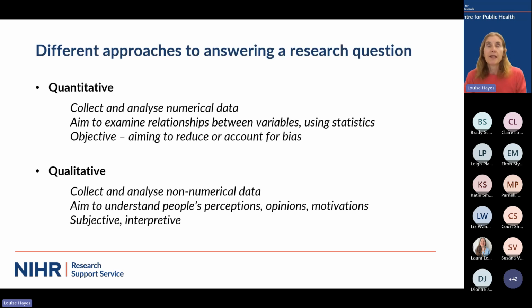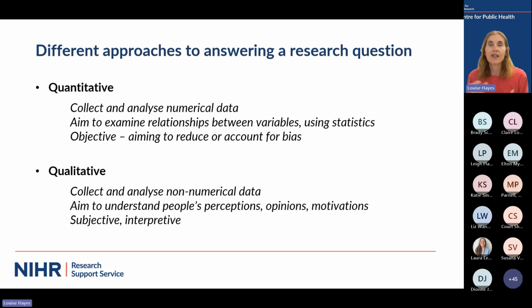Basically what we're talking about are different approaches you can take to answering a research question, and the broad way that we categorise these approaches is into quantitative methods, which we would use when we're collecting and analysing numerical data, and usually we're aiming to examine relationships between variables.